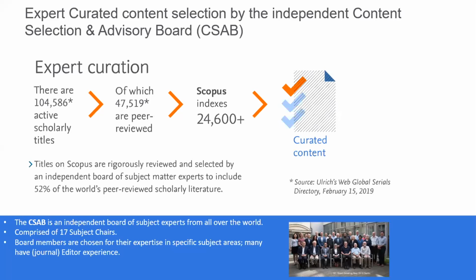During those meetings, they discuss the content and the curation. They review around 3,000 titles per year, and about half of those titles will eventually get accepted. And just to give you a bit of perspective, roughly 10% of content in Scopus belongs to Elsevier. The rest comes from various different publishers.